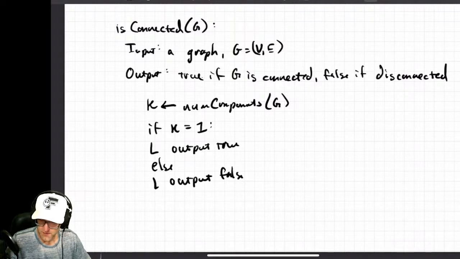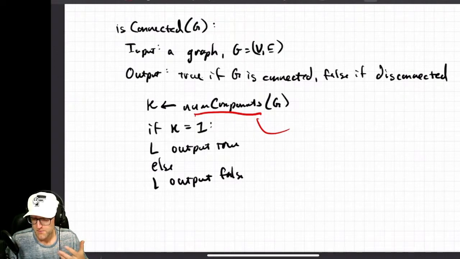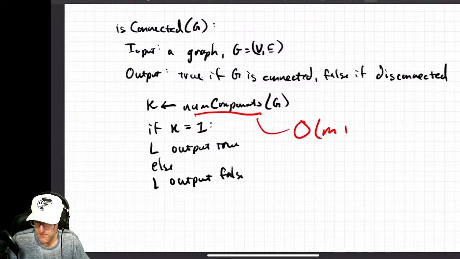Right? So what's the analysis here? Well, our elementary operation is calling this function, calling this algorithm, calling this pseudocode, calling the function, method, however you want to view it, and it's going to be the same. Right?